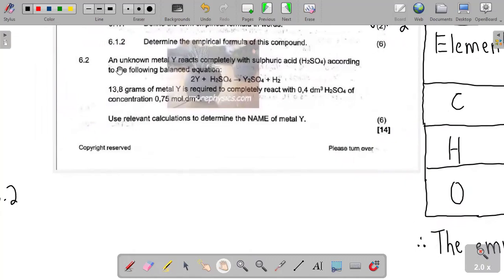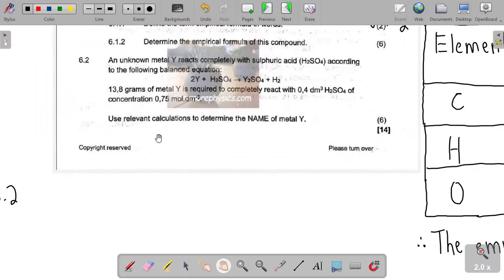They say: an unknown metal Y reacts completely with sulfuric acid according to the following balanced equation. 13.8 grams of metal Y is required to completely react with 0.4 cubic decimeters of sulfuric acid of concentration 0.75. Use the relevant calculations to determine the name of metal Y.